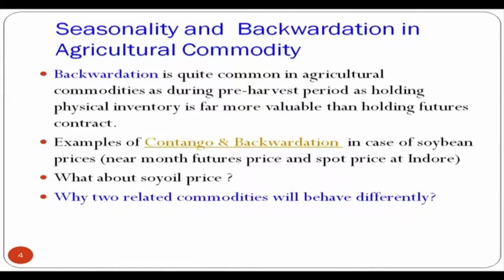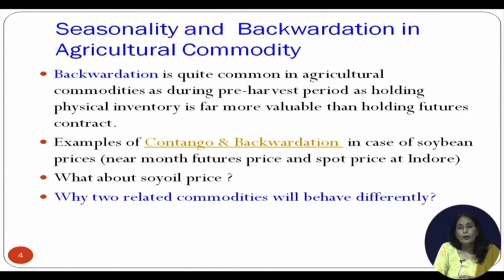Now, as an example of checking the contango and backwardation relationship between spot price and futures price, I have used the commodity soybean. I have compared the spot price of soybean prevailing at Indore vis-a-vis the near month futures price traded at NCDEX.